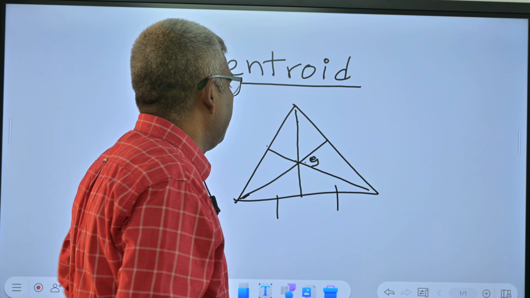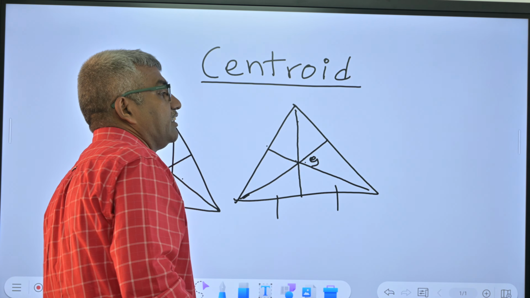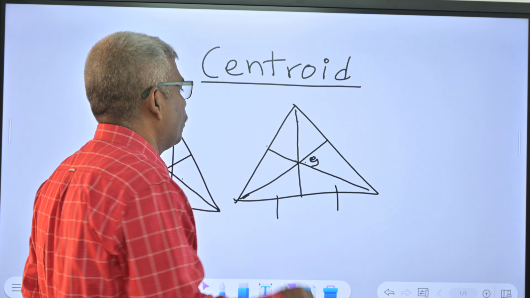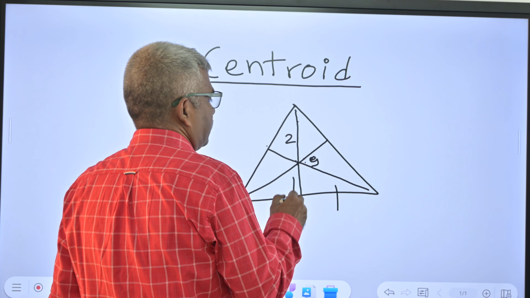Another beauty is it divides the median in 2:1 ratio. It is 2, it is 1 in this ratio.